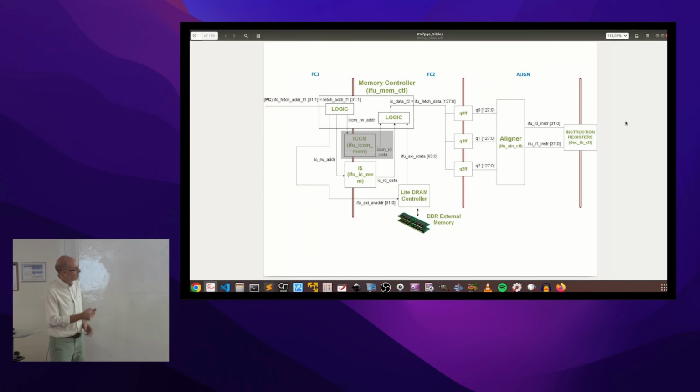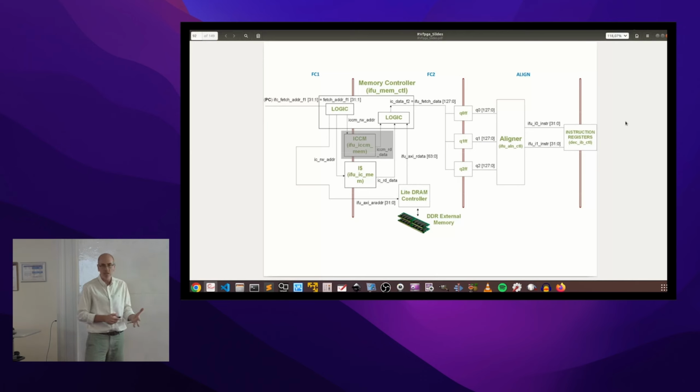So, well, let me describe a bit these figures. In the fetch stage, the fetch address is provided to the memory controller, which accesses the instruction cache and the instruction scratchpad memory, the software controlled memory for instructions. But in this case, this is shadowed because this is disabled in our original implementation.